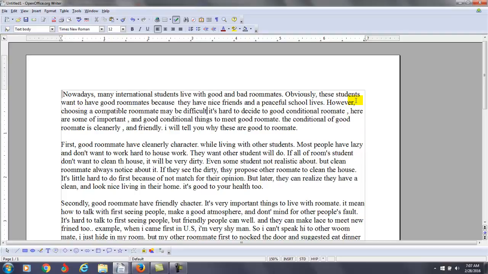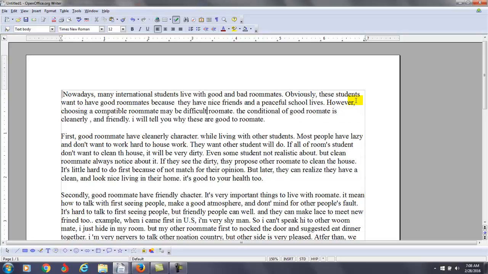Sometimes with the words you're using, it's just hard to figure out what you're trying to say. The only thing I can tell you here is you're translating, and you have to work on improving your English so you don't do that. So I got to get rid of pretty much a lot of what you're saying here. It's just not really making much sense at all. So you say, however, choosing a compatible roommate may be difficult.